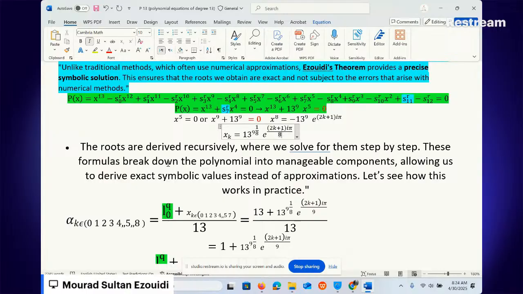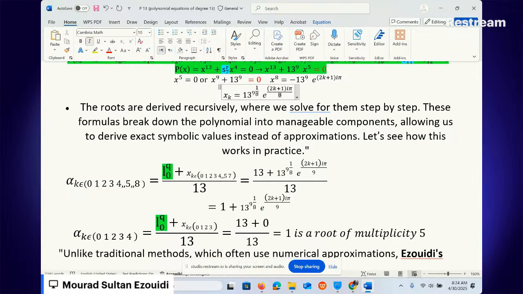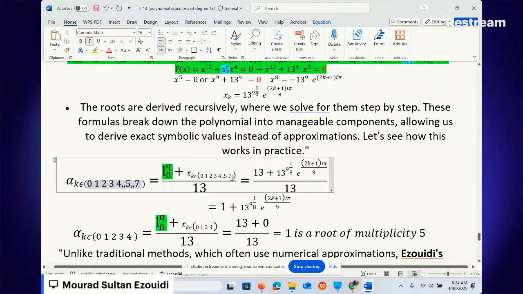Let's see how it is. So here you see the alpha subscript k from 0 to 7 is equal to 0 plus xk from 0 to 7, which will be 13 plus 13 raised to the power 9 all raised to the power 1 over 8, multiplied by exponential (2k plus 1) i pi divided by 8.